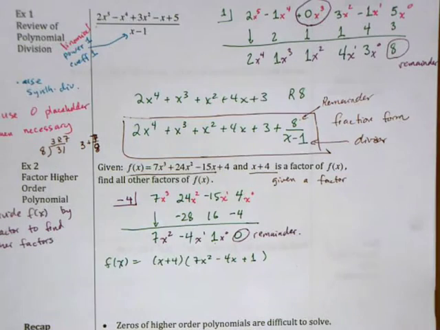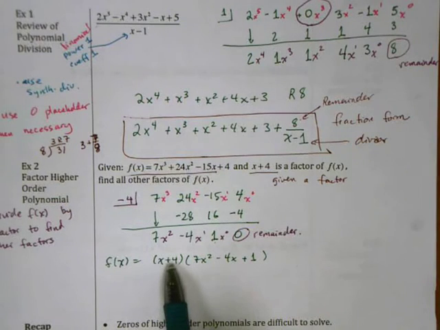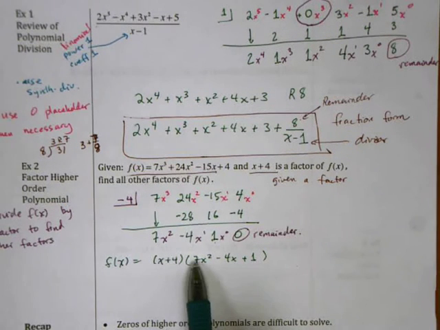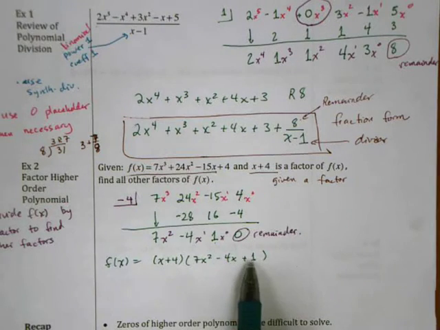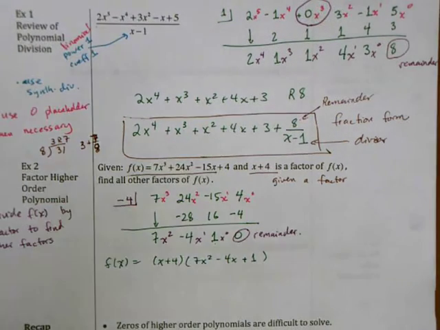This is one factor, and if we want to find another factor, we need to just keep factoring this. We need to find some way to factor this, and this does not look so simple to factor.